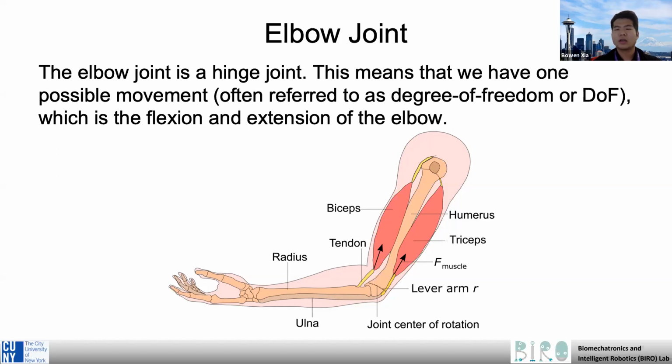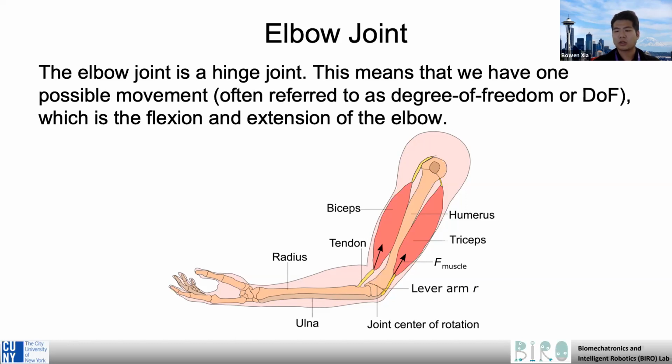Accordingly, the muscles that generate elbow flexion are called elbow flexor muscles, and the muscles that extend the joint are called elbow extensor muscles. Examples of muscles that generate movement at the elbow joint are the biceps, which is a flexor, and the triceps, an extensor.